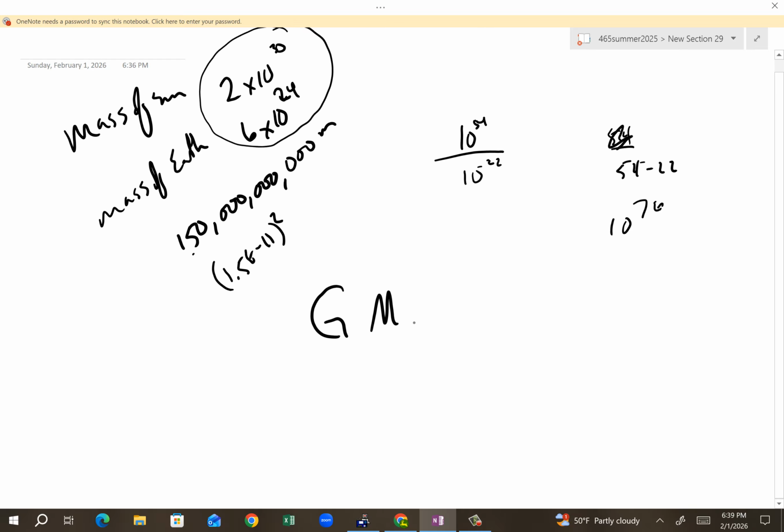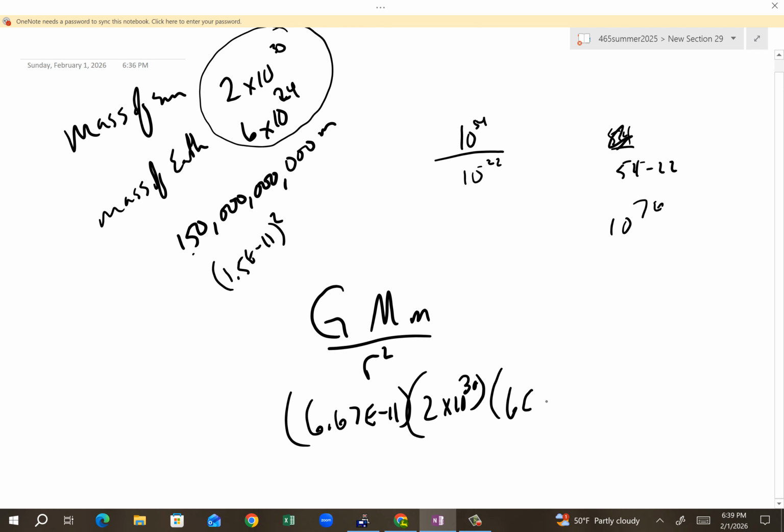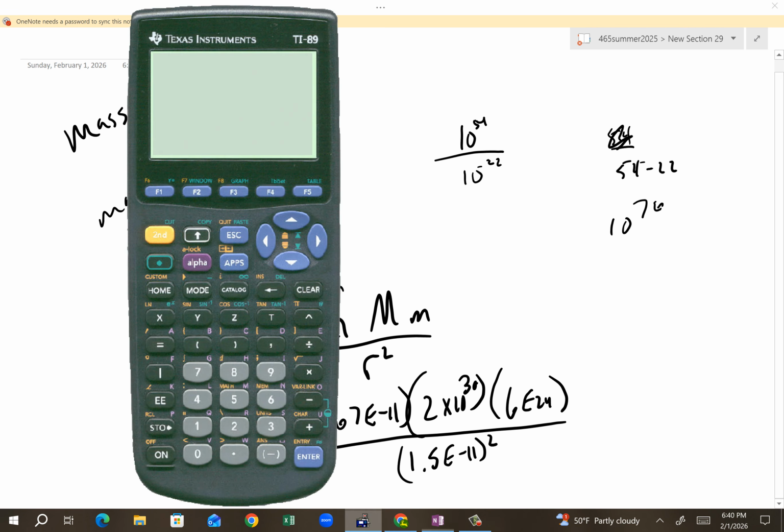So G, big M, little m over R squared. Big G is 6.67 e minus 11, times 2 times 10 to the 30, times 6 e24, over 1.5 e minus 11 squared. Get your calculator out.